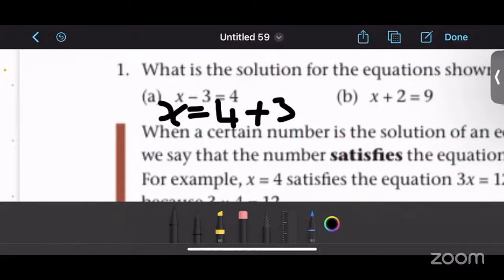If you don't believe me that x is equal to 7, take your calculator and say 7 minus 3, because we replace the x with the value that we got. So in place of x, we put 7, and you say 7 minus 3. If it doesn't give you 4 on your calculator, then you have to throw your calculator away, because that won't be true. Okay? Are we happy?